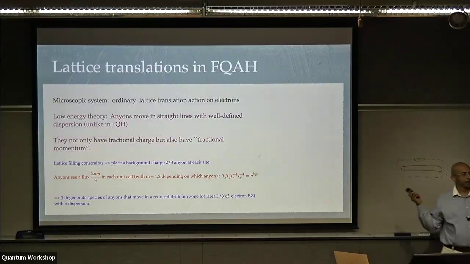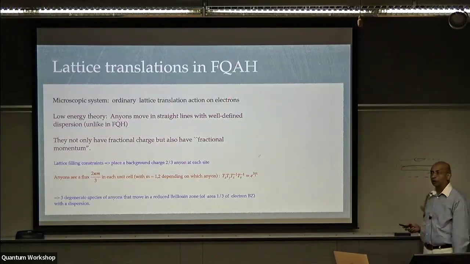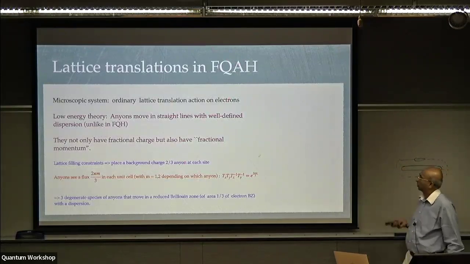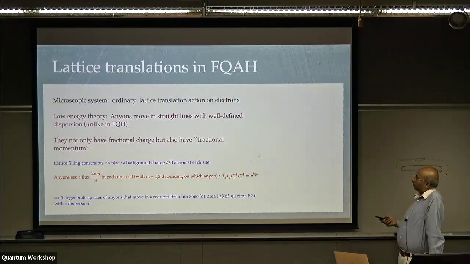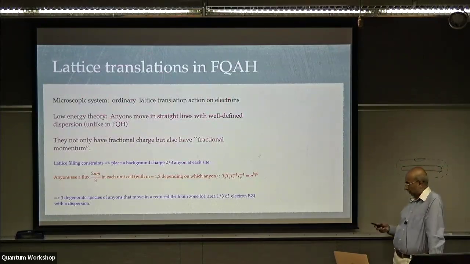Okay, since the new ingredient is lattice translations, that's completely different from standard fractional quantum Hall, let's ask about how it works in these FQAH systems. So in the microscopic system, I have ordinary lattice translation action on electrons, right? The electrons are translated from one lattice site to the other, and that's the symmetry of the system.